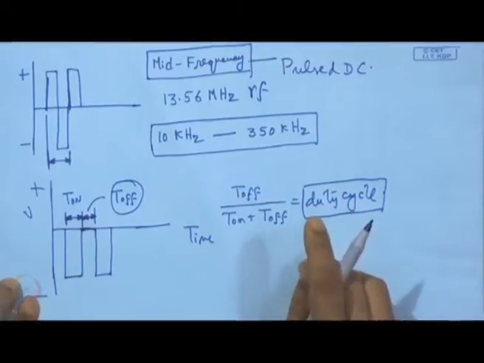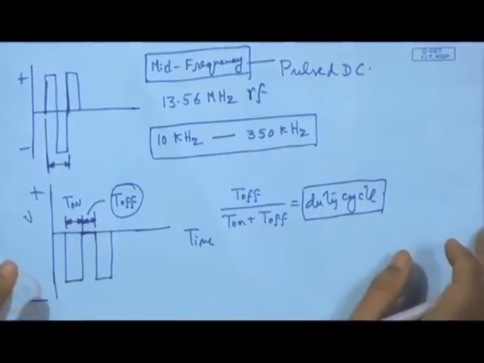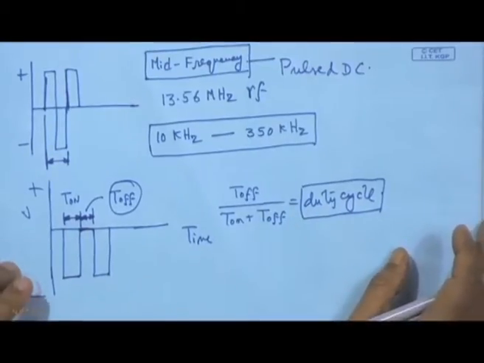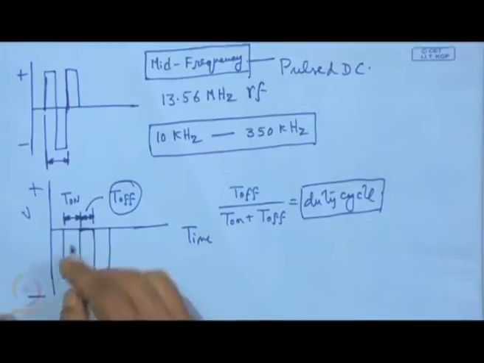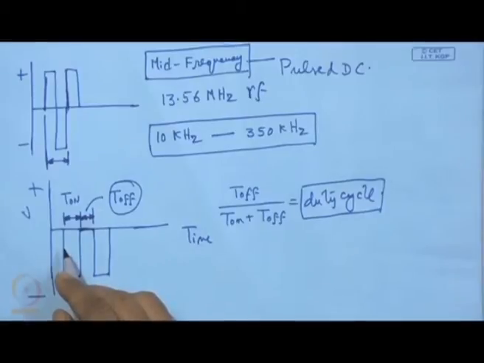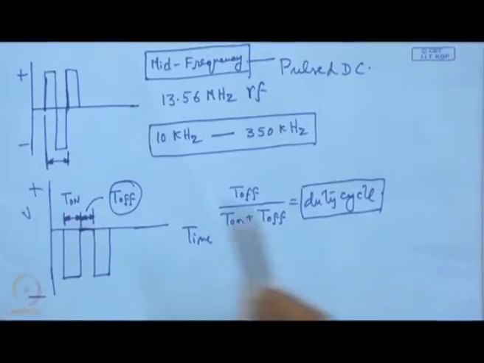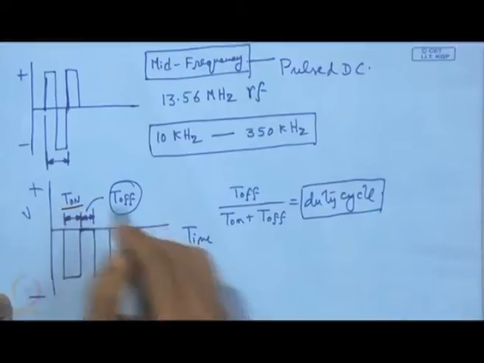Actually, what is going to happen? One must understand here that when we negatively polarize, there is accumulation of charge, whether it is RF or pulse DC. But since we do not allow this to happen for a very long period, one can see that by this T on.